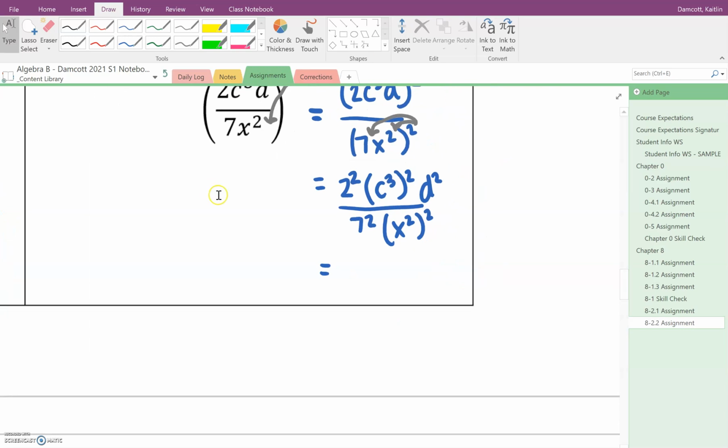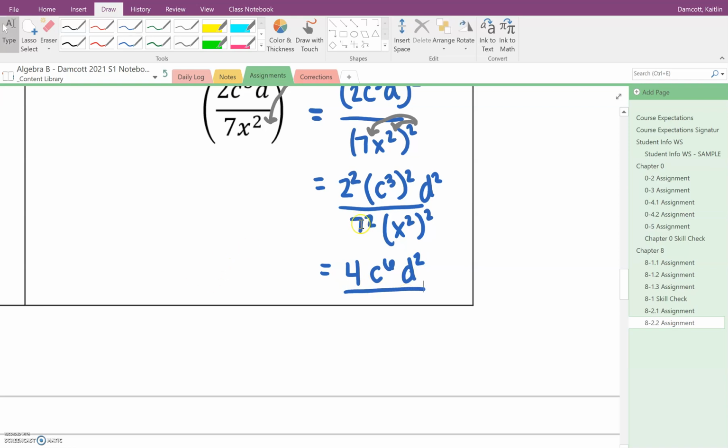We're getting there. We've got 2 squared, so 2 times 2 gives us 4. C to the third to the second. We keep our base of c, and then we're multiplying our exponents, so 3 times 2 gives us 6. Nothing to do with the d squared except bring it down.